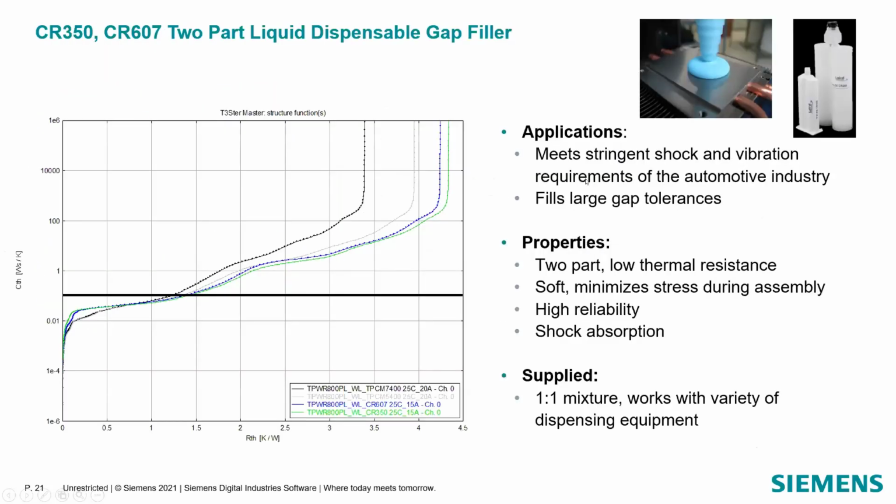Applications are more about meeting stringent shock and vibration requirements for the automotive or transportation industry, filling larger gap tolerances, low stress during assembly, and basically they are supplied in a one-to-one mixture, so you can use them with a variety of dispensing equipment.